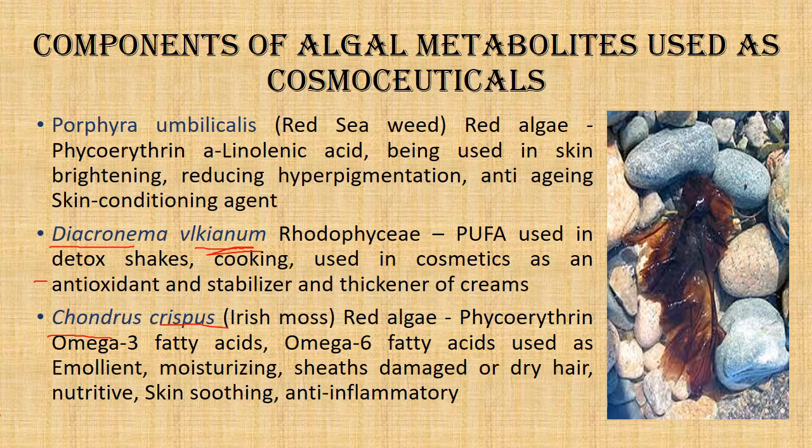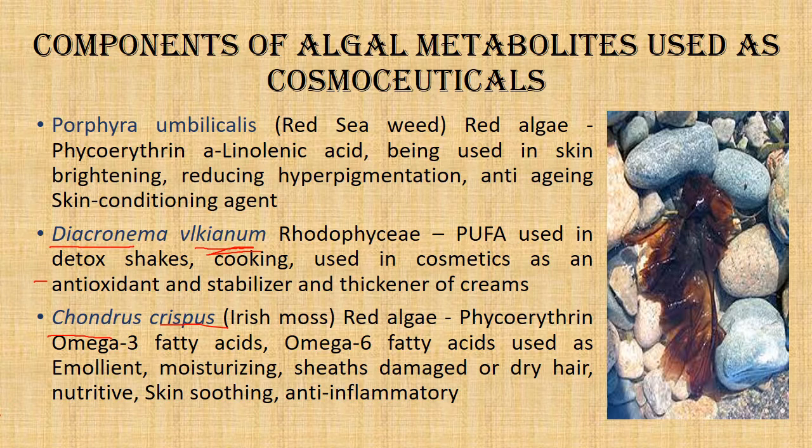So one of the chief sources of carrageenan is Chondrus crispus. We know that carrageenan, algin and agar-agar are used mostly in the food as well as the feed industry, as well as in the medical field also. So this Chondrus crispus is one of the chief sources of carrageenan.